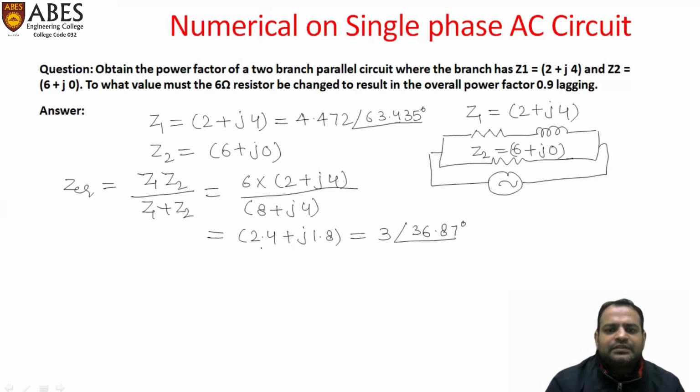So this is R equivalent, this is X equivalent of the circuit. So to find out the power factor cos phi, which is R by Z, so R equivalent by mod of Z equivalent, and this is mod of Z equivalent.